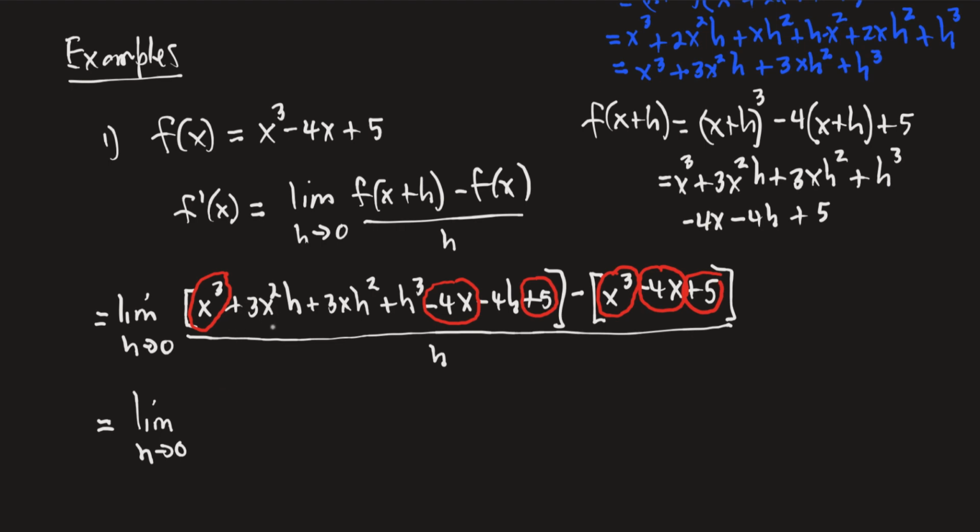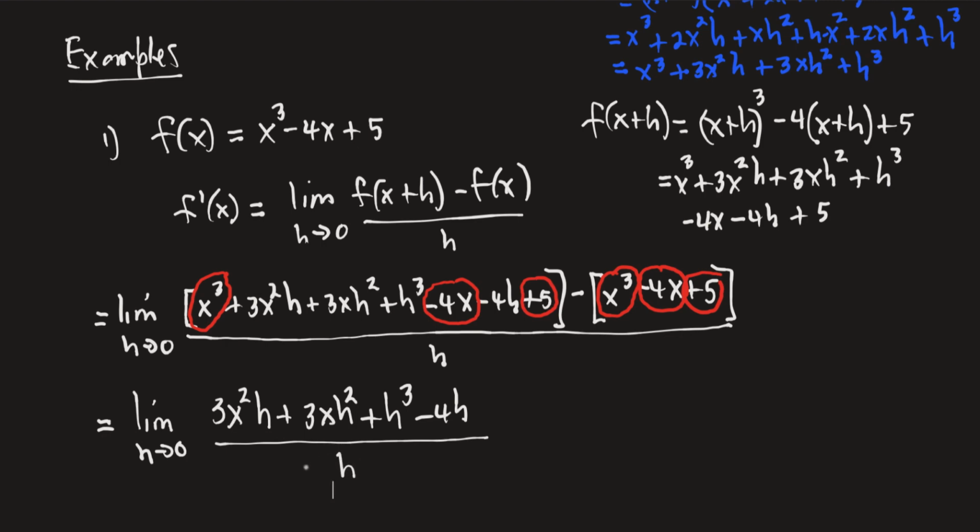So what do we have left? We have a 3x squared h plus 3xh squared plus h cubed minus 4h, and that's all over h. Now, something that always happens when you do this type of process, this derivative process via the limit, and you start with a polynomial, when you expand and simplify the numerator, all the terms that don't have an h will cancel out, right?